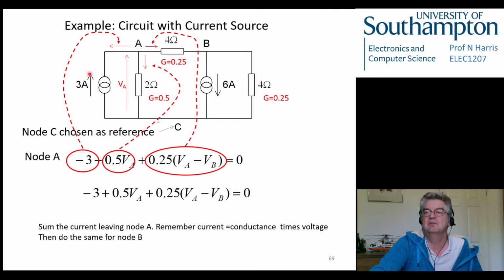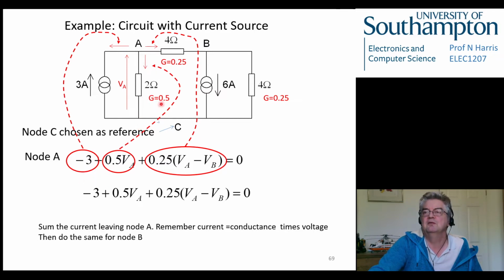The current source is defined as being 3 amps in this direction, but if we define all currents leaving the node as the ones we're interested in, then this current here must be -3 amps as defined by the direction of this arrow, plus 3 amps as defined by the direction of this arrow. This arrow wins because it's our definition for the node. So we've got -3.